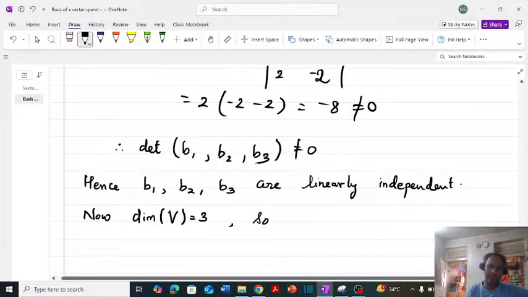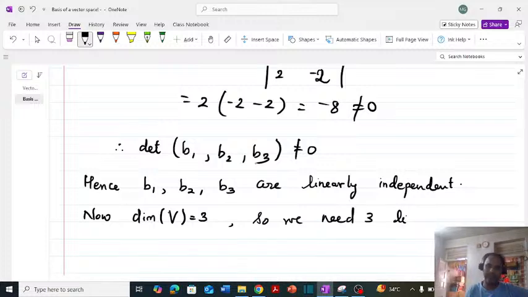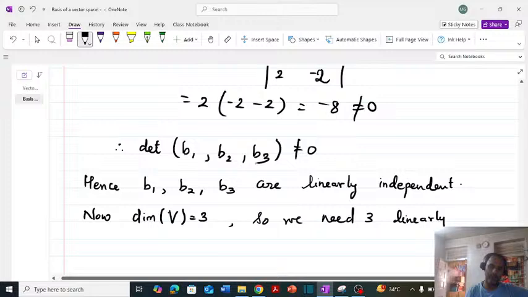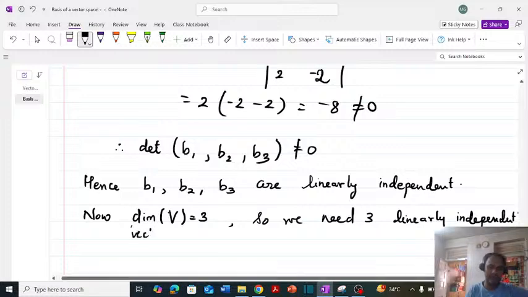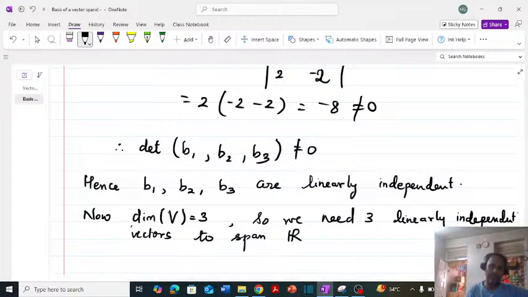So we need 3 linearly independent vectors to span R3. Here V equals R3.